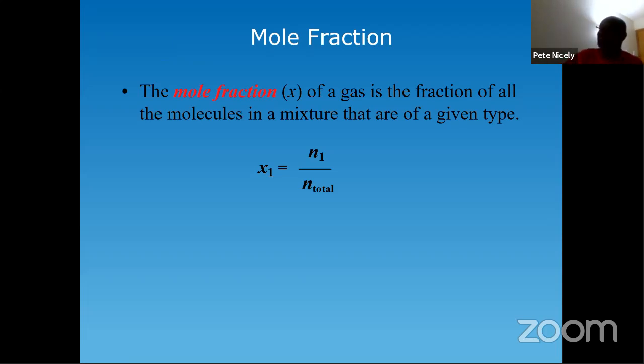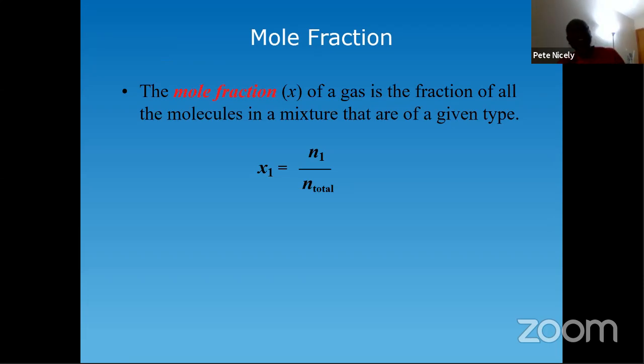The mole fraction is specific to one component in a mixture of different components. By definition, the mole fraction of a component in a mixture is equal to the number of moles of that component divided by the total moles of the mixture. So that's the definition of mole fraction.